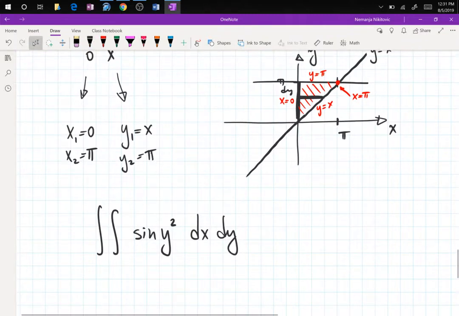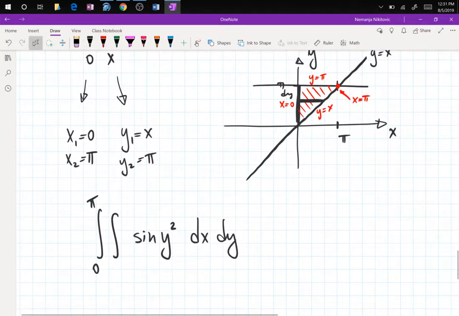My y limits on the outside are 0 to pi, because the lowest this dy can be, on the floor, on the bottom, is 0, and the highest it can go is y equals pi, to hit the ceiling of the shaded triangle. Now, we clearly see that the y-axis is the limit to the left, so we have a 0 there. And then it extends to the right to hit the line, but guys, this is the inner integral in x, so this has to be x equals y. So this is a y now.